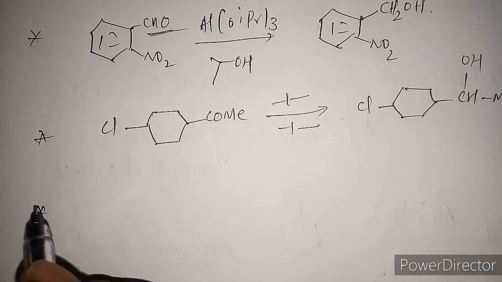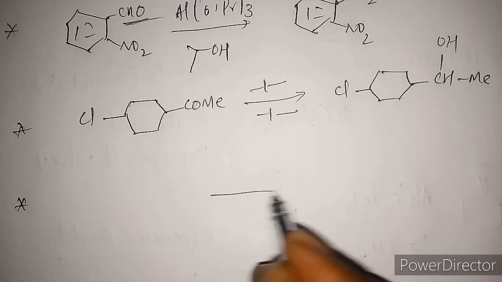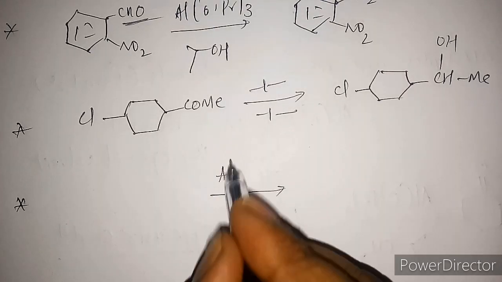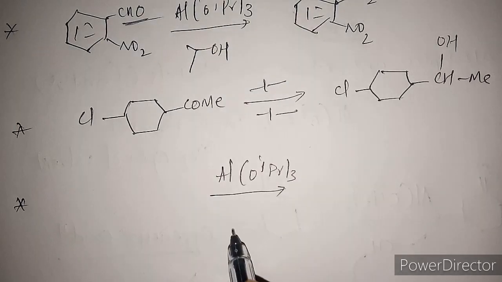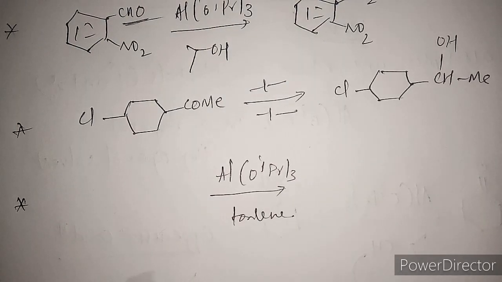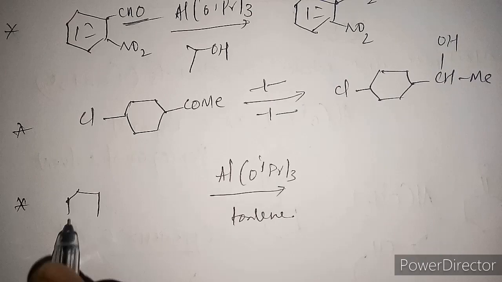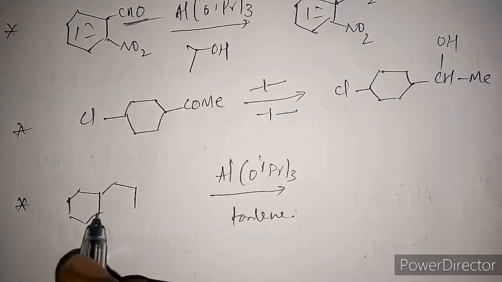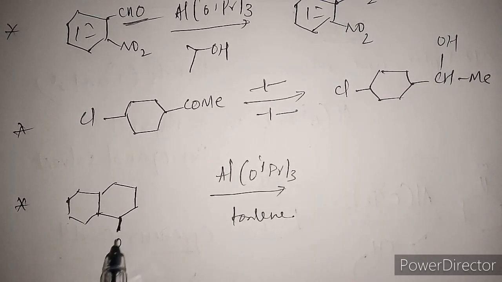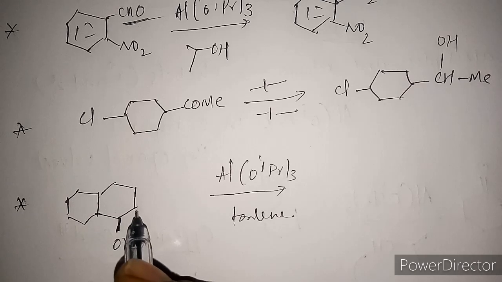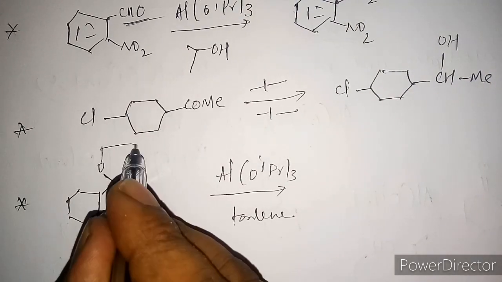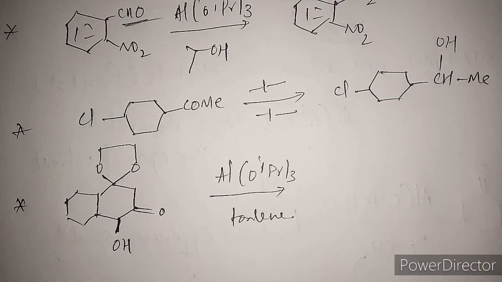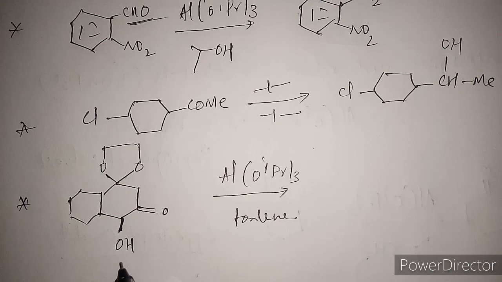Say for example, if we are not going to use any alcohol, instead we are going to use just toluene as a solvent, and in the molecule we have alcohol as well as a keto group, and here we have some protection group, some keto group will be protected. Now here we have alcohol as well as keto.